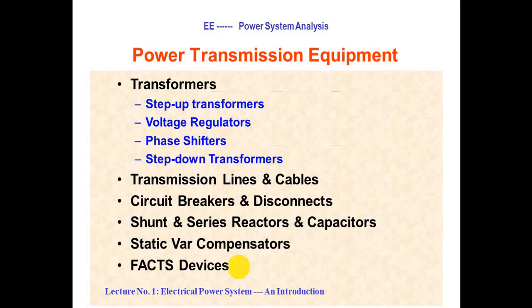Then apart from transformers, the other equipment involves transmission lines and cables, circuit breakers and disconnects, shunt and series reactors and capacitors, static VAR compensators, and FACTS devices. I hope you might be familiar with most of these components. If not, then we will see them later. And if you're not familiar with FACTS devices, it stands for flexible AC transmission system.